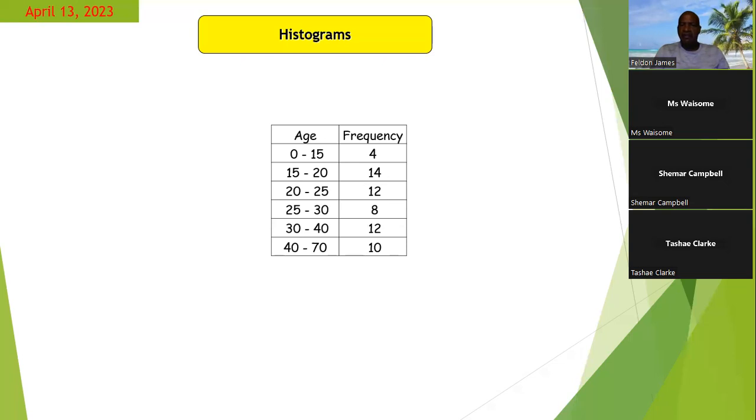So for the class of 0 to 15, you have 4 values that fall within that range, right? And the values that fall within that range can be from 0 to 15. So you could have 1 falling in that range, 2, 3, 4 values up to 15. But you find only 4 values in that range. So the frequency for that class would be 4. Likewise, for the second class, only 14 values fall from 15 to 20. And so on with all the other classes.